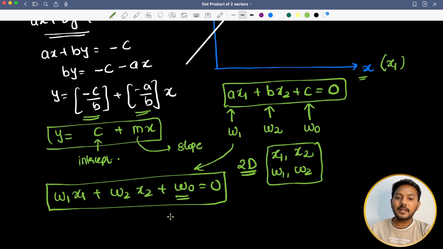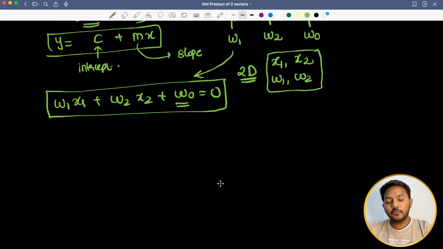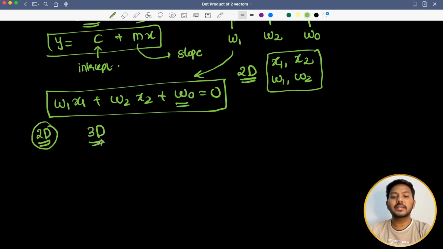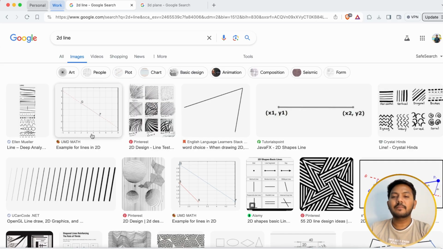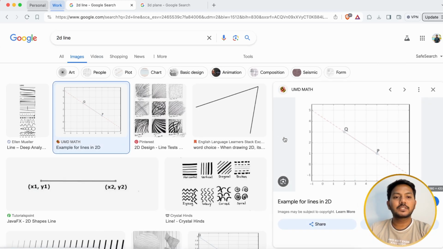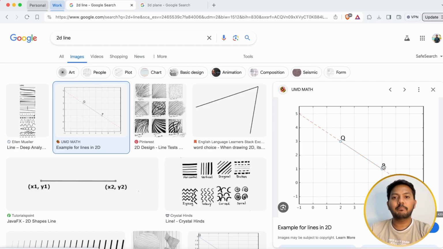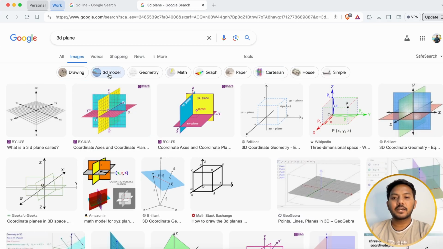Now we have seen the equation of line in 2D, right? So what happens if we have the equation in 3D? To visualize that, we will go to Google and search 2D line, and go to images. If you see, I have two axes and I have a line in between. And if I search for 3D plane, I will have three axes.